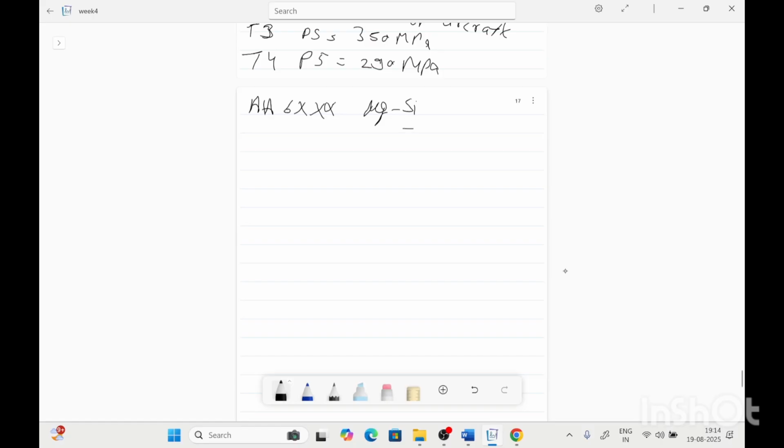In this 6XXX series alloy, the sequence of precipitate formation is: first the supersaturated solution forms GP zones, then the beta prime precipitate of Mg2Si. Then this beta prime will change into beta, which is the equilibrium phase of Mg2Si.